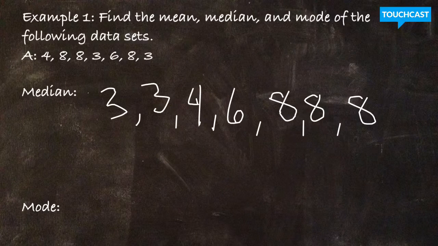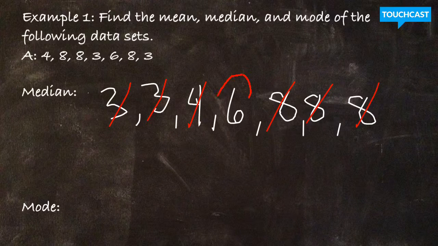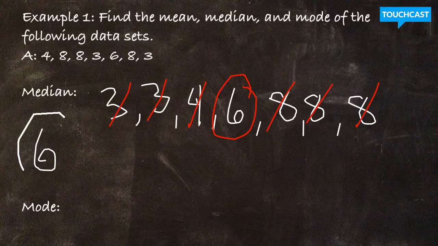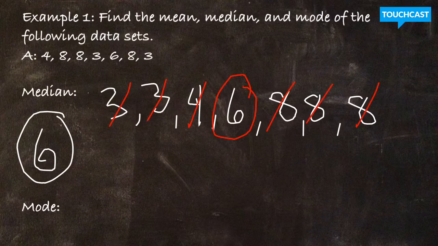When I'm trying to find the median, I cross off one number at the lowest end, then one number at the top end, and I keep doing that until I get to the middle, which in this case is 6, so our median is 6.